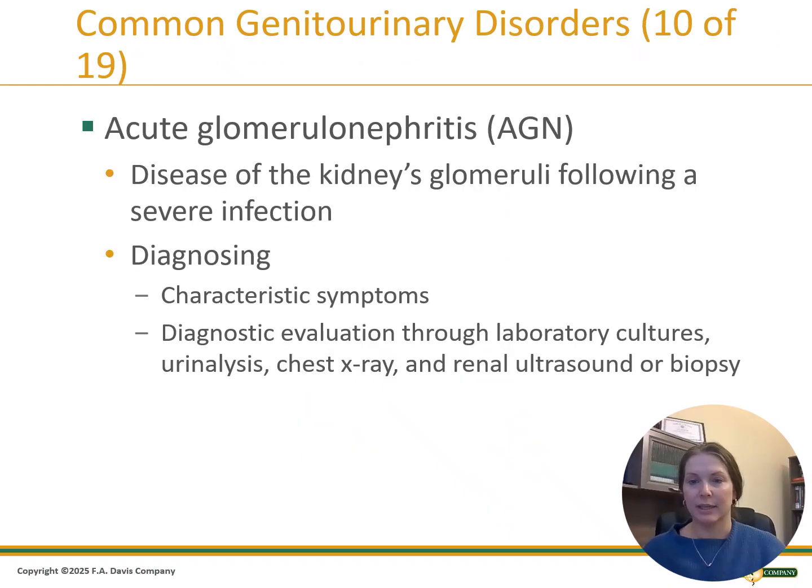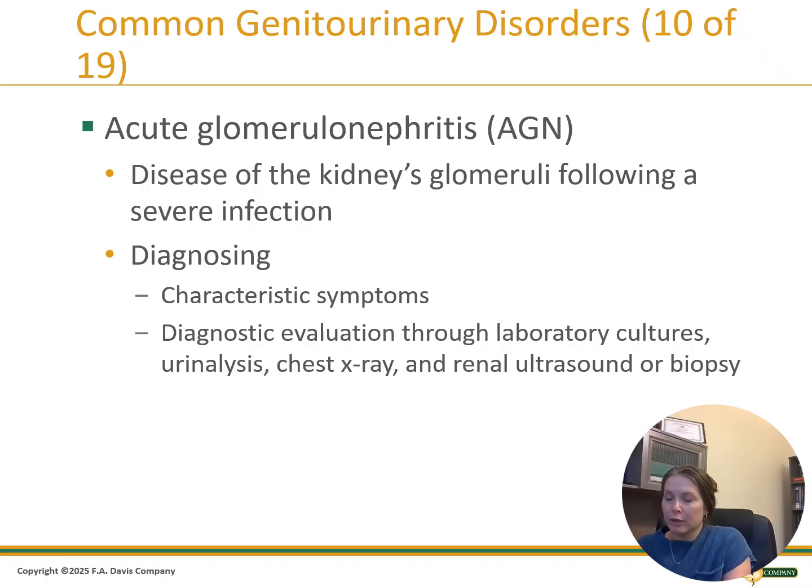Alrighty, we're getting towards the end. All right, we got that acute glomerulonephritis. This is going to be a disease of the glomeruli, so our kidneys' filtering units. This can be following a severe infection. Most commonly, this is going to be post-streptococcal infections, something like strep throat or impetigo.